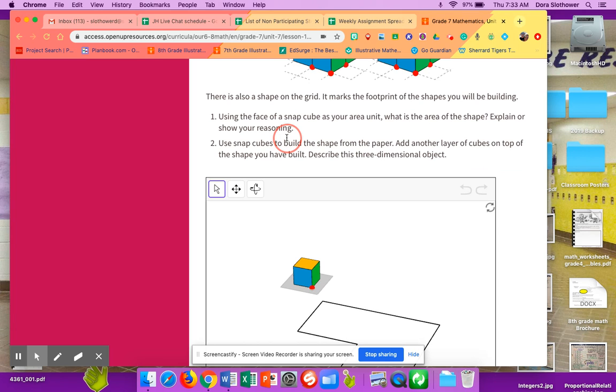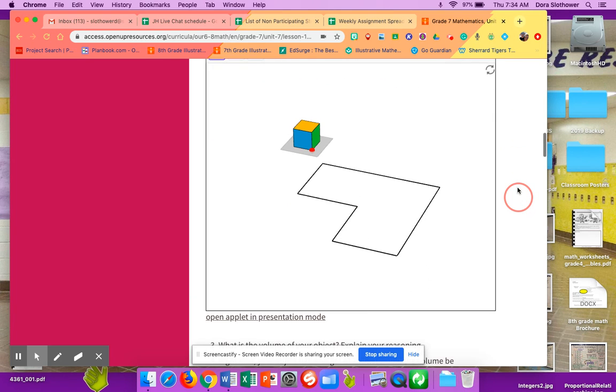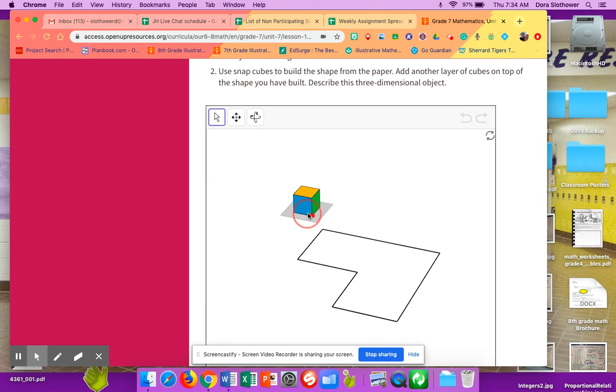So now we're actually getting into the activity. Using the face of the snap cube as your unit area, what is the area of the shape? Explain or show your reasoning. Okay, so we have to put all the cubes out here.